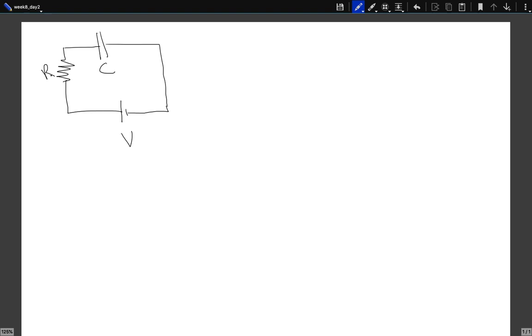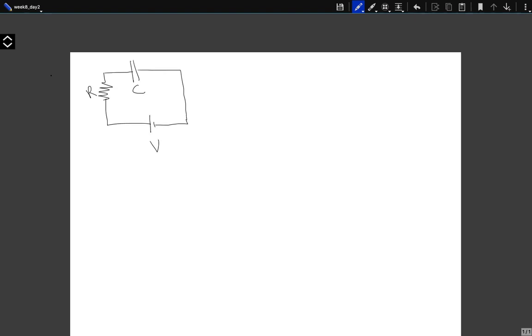At t equal to 0, there is no current running through the system yet. Then you close the switch. This is the circuit we have. At t equals 0, you close the switch. How much current do you expect would be running?